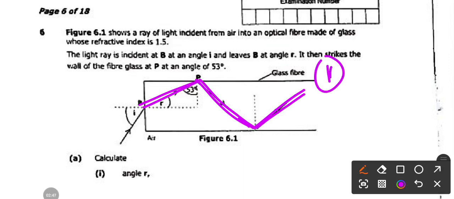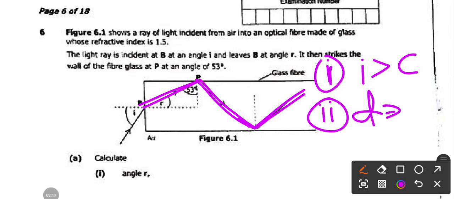And we should remember that total internal reflection is dependent on two factors. Number one, the angle of incidence I should be greater than the critical angle. That's the condition in which total internal reflection will occur. And the second condition is that the light ray should be traveling from a dense medium to a less dense medium, which in most books is referred to as a rarer medium.